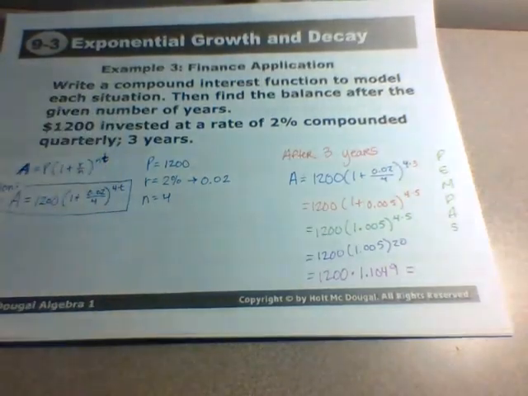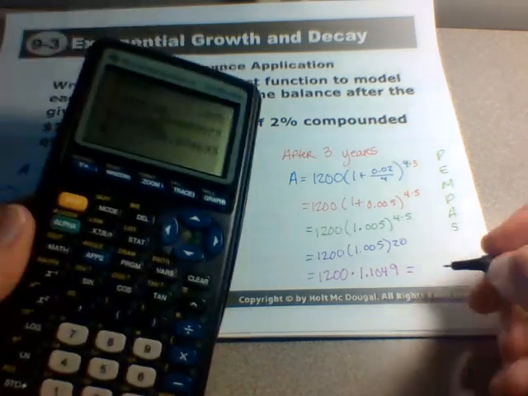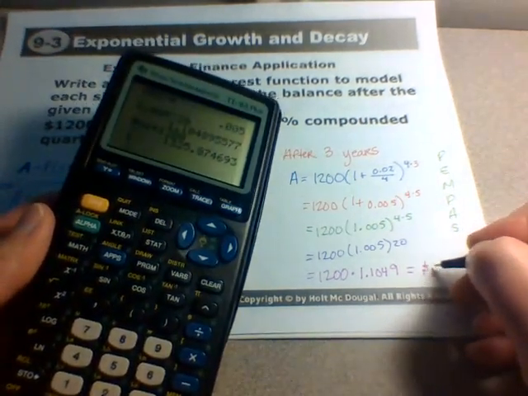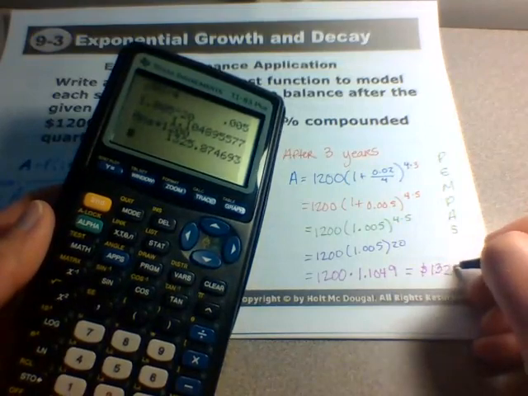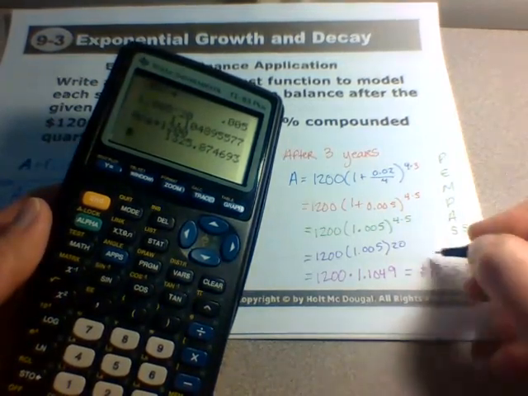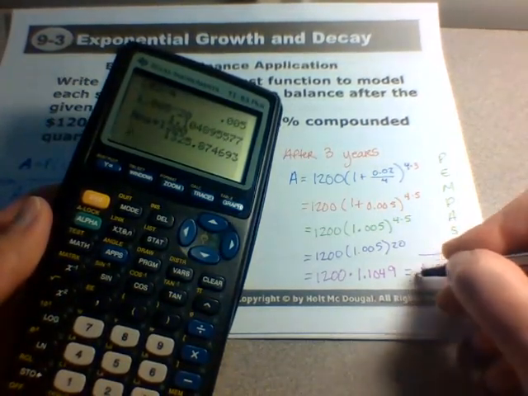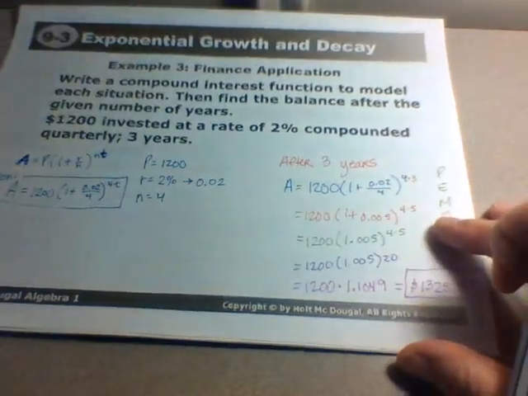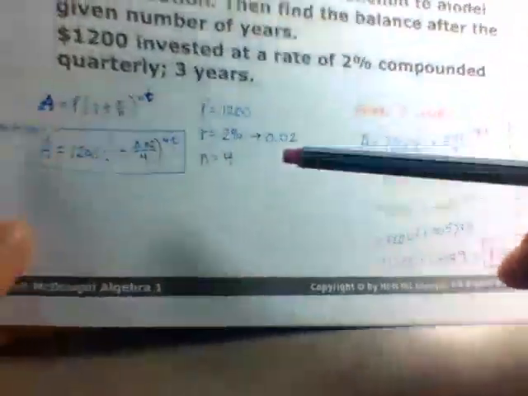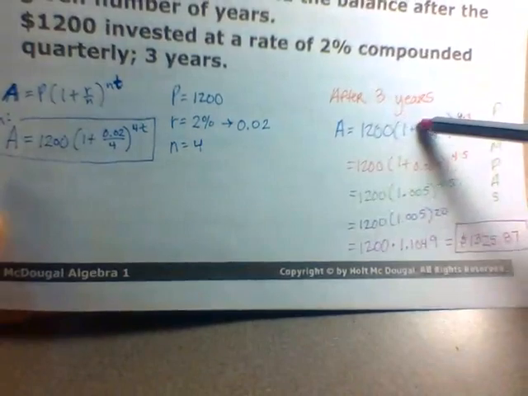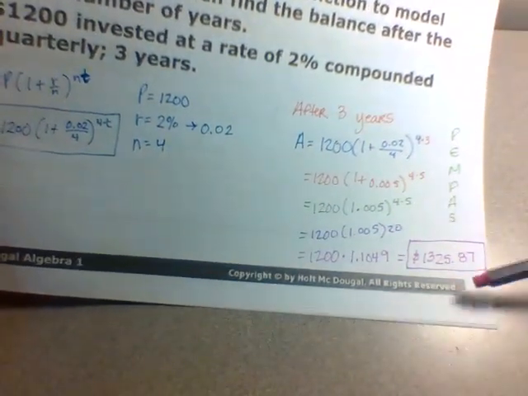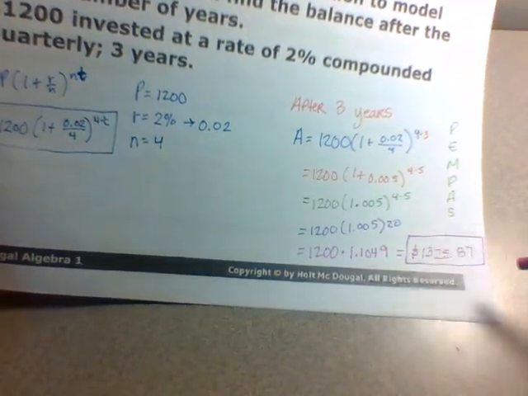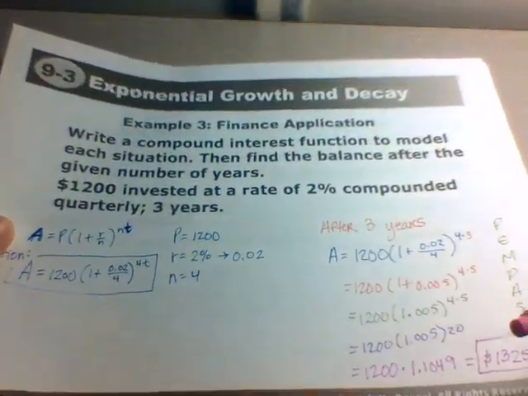And if we take 1,200 and multiply by 1.1049, we're going to get the estimated value of $1,325.87 after 3 years. So again, they invested $1,200, and then after 3 years of having the money sit there, not doing anything to it, they will get $125 more, which for doing nothing is an excellent payment.